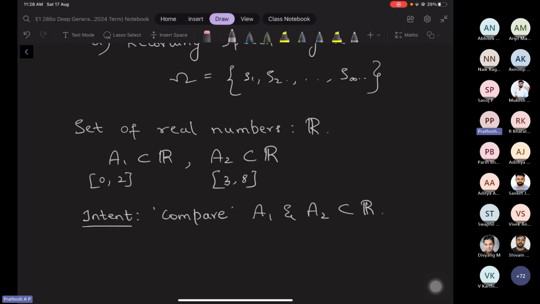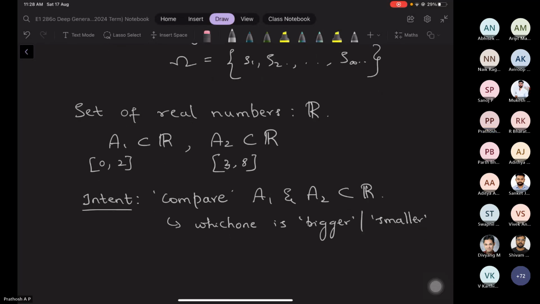Okay, so I'll tell you what I mean by compare. I want to ask questions like which one is bigger, or smaller, something of this sort. So how do I do that? I think people have raised their hands. Harsha.